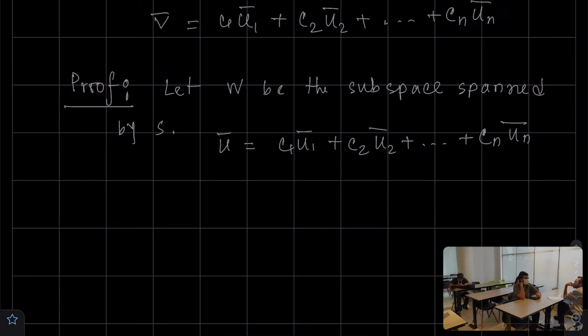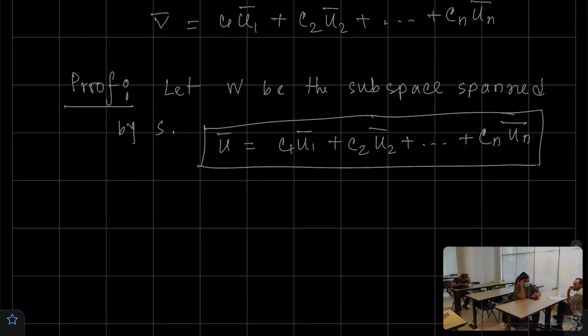Then by the theorem you stated prior, can you tell me why this linear combination U has to be in W?